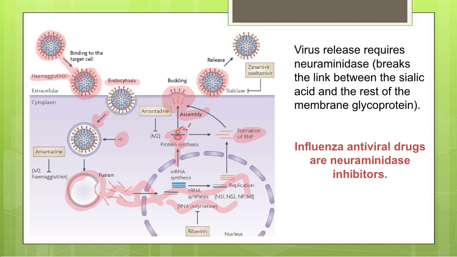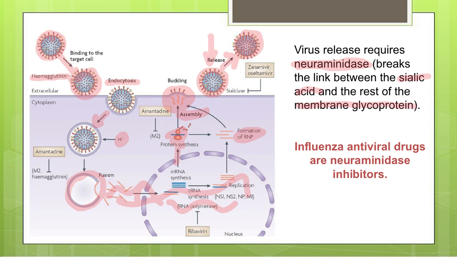Now, the virus release from the surface of the cell is going to require this neuraminidase enzyme. So if it has this neuraminidase enzyme, it gets released and goes back out in order to infect more host cells. The neuraminidase, remember, breaks the link between the sialic acid and the rest of the membrane glycoprotein.